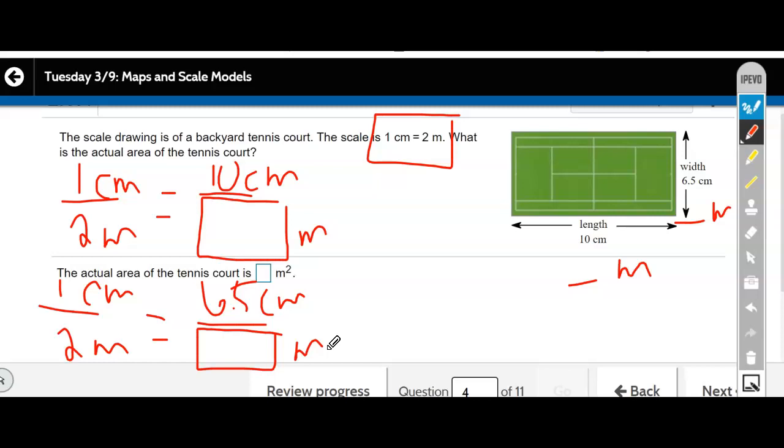Okay, what's the length? What's the length of the tennis court?